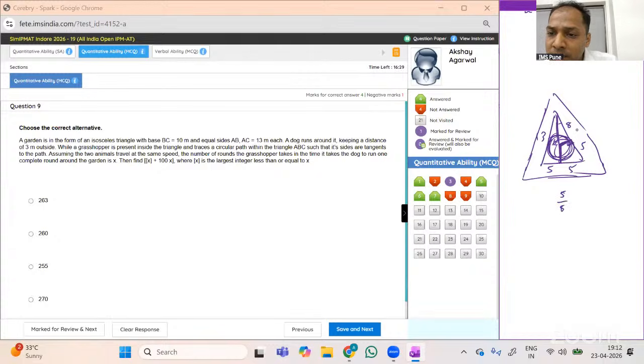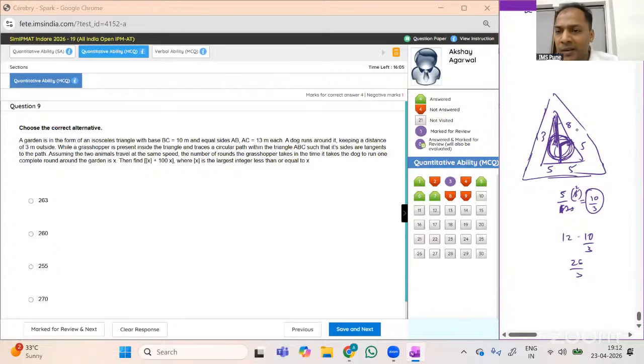Opposite upon adjacent is 5 by 12. I'm sorry. So that will be 5 by 12 of 8. That will come out to be 2 by 3. That's 10 by 3. So this one is 10 by 3. So 12 minus 10 by 3 will give me the radius. That's 36 minus 10, 26 by.